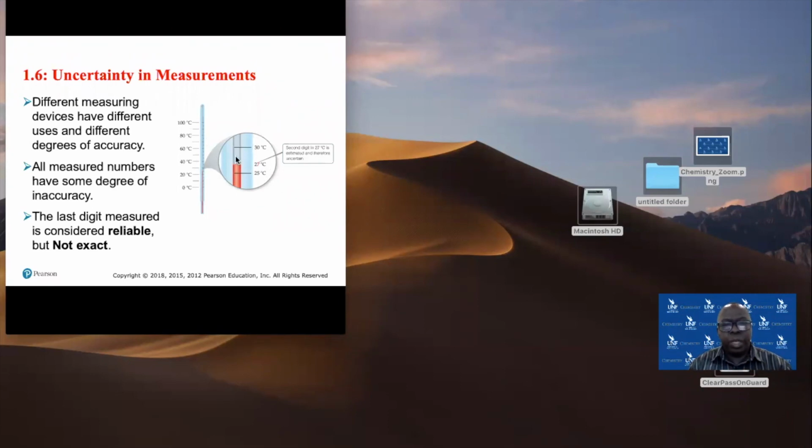We are sure that the temperature is above 20 degrees Celsius and below 30 degrees Celsius, but this 27, the last digit here, there is some degree of uncertainty. So in all measurements, it consists of certain digits and one last uncertain digit. In this case, the highlighted 7 here has a degree of uncertainty.